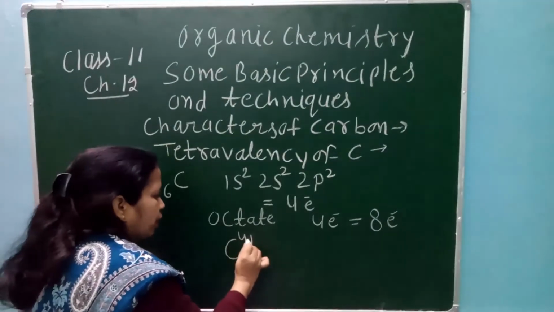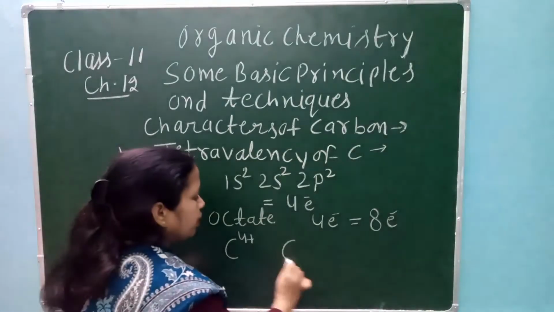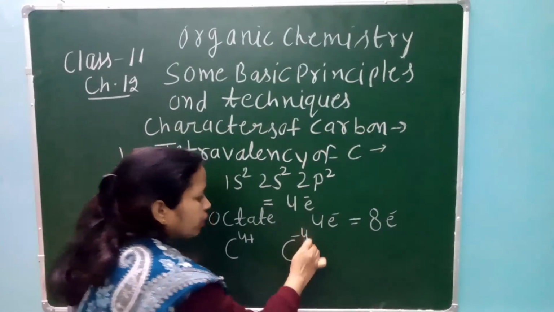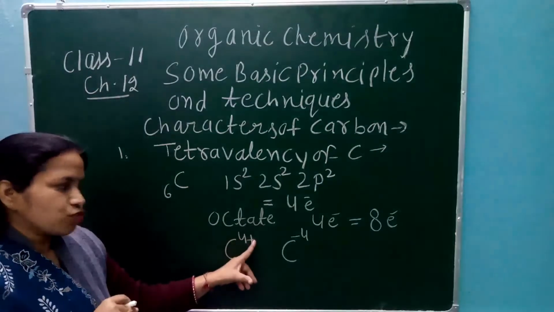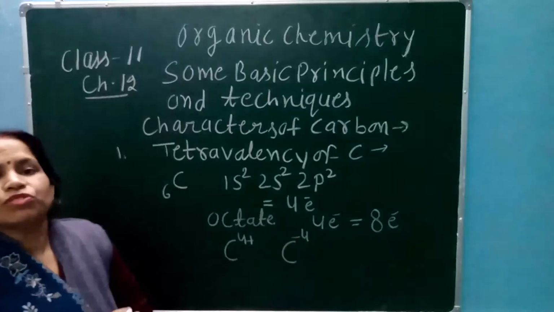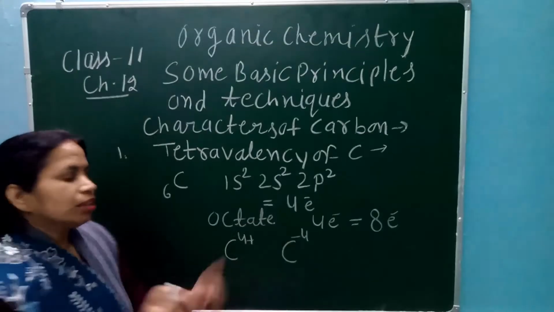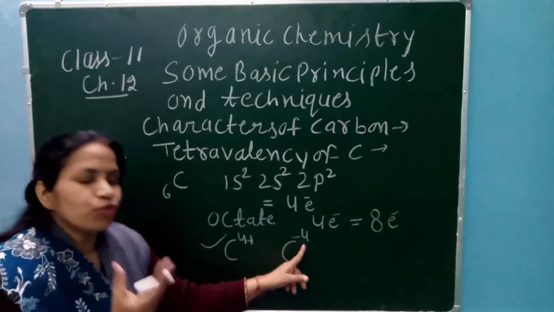If it donates 4 electrons, यदि ये 4 इलेक्ट्रॉन डोनेट करता है तो इस पर चार्ज होगा 4 प्लस. अगर ये 4 इलेक्ट्रॉन एक्सेप्ट करता है तो इस पर चार्ज होगा 4 माइनस, which is not possible. It can't accommodate 4 electrons.